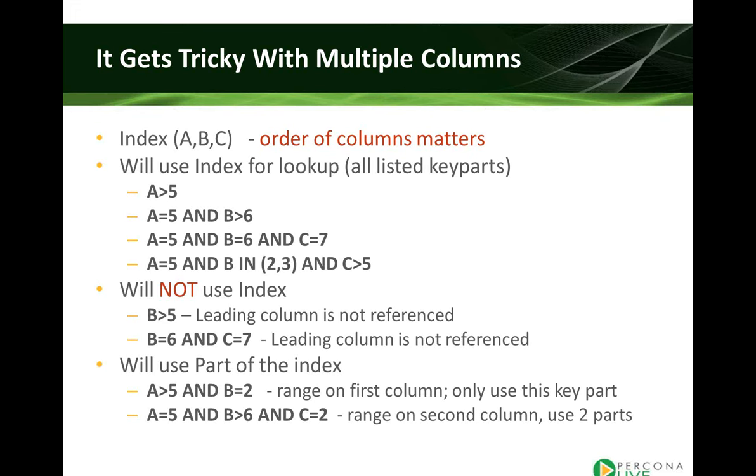And what you can see here are examples of the cases which are optimized well and which are not optimized. You can see if you have the ranges like b more than 5 or a equals 5, b more than 6, in all those cases the leading columns are compared by equality, or IN, which is a very specific list in this case.